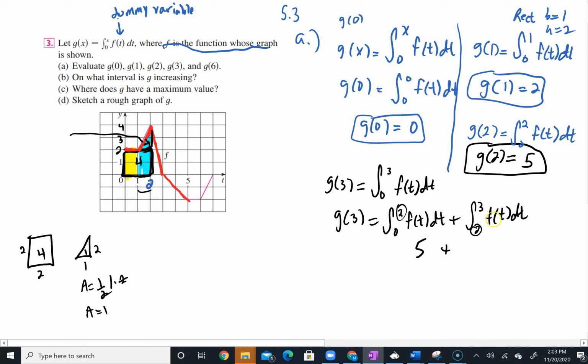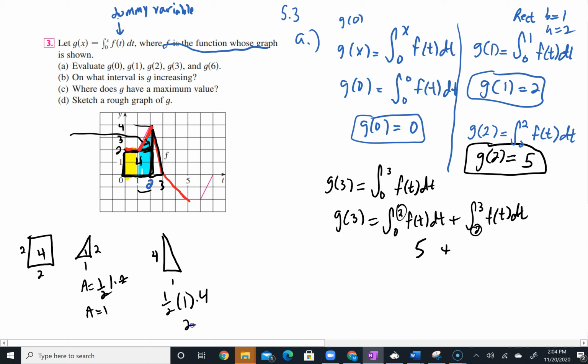But then you could say, well, what about from 2 to 3? Well, from 2 to 3 is another triangle. Look at that. That's another triangle. And from 2 to 3, you'd have a base of 1. But look where we're going. It's all the way up here at, what is that? That's 4. So we're going to very quickly be able to work out a 1/2 base times height.